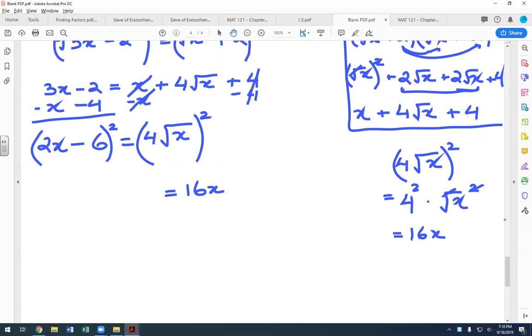You will need to FOIL the left-hand side again. So that's going to be 2x minus 6 multiplied with 2x minus 6. I'll give you guys a couple seconds here to do that FOIL and tell me what numbers you come up with.